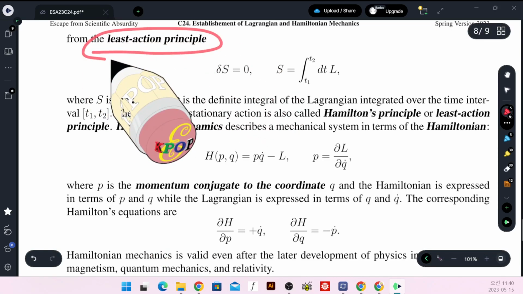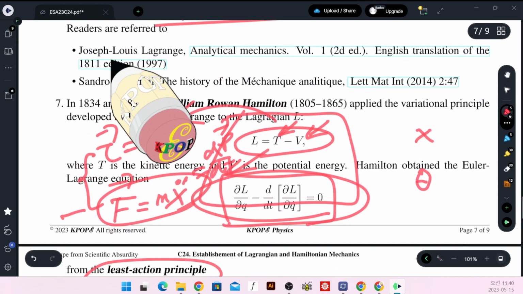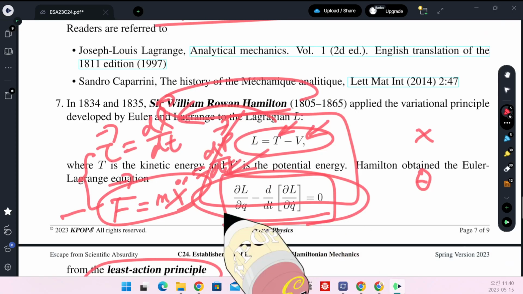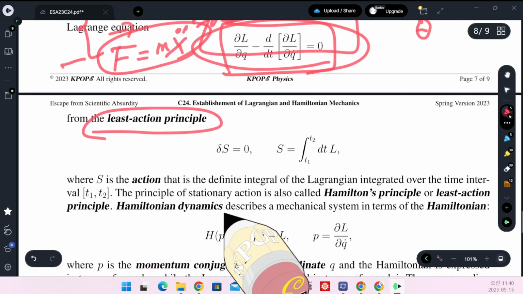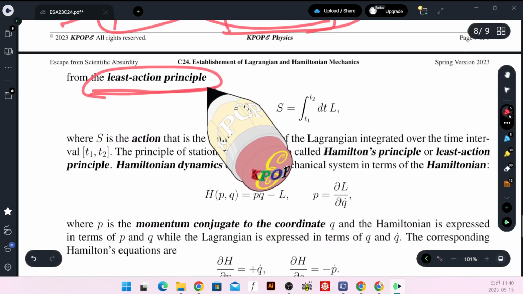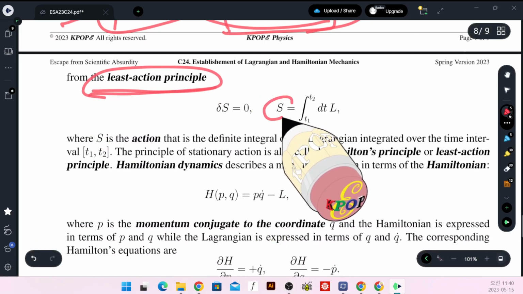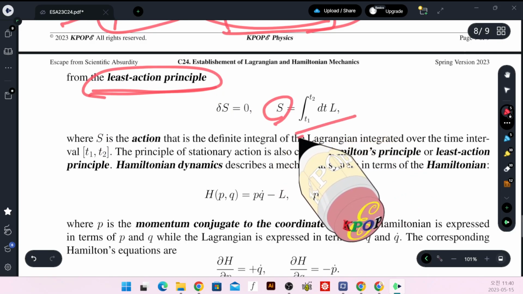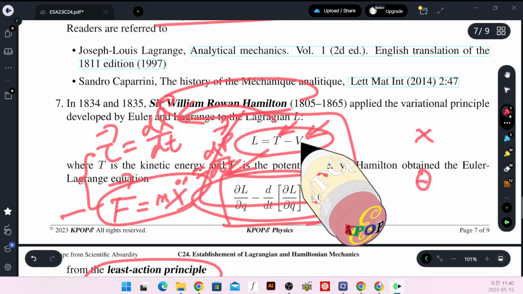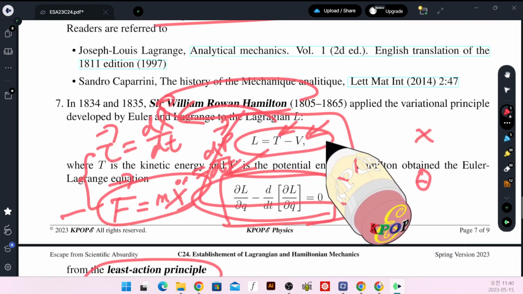What about the least action principle? Hamilton, in addition to the Euler-Lagrange equation, Euler-Lagrangian mechanics, on top of that, introduced a very simple idea. He defined the action, that is the time integral of the Lagrangian, and the Lagrangian was kinetic energy subtracted by the potential energy.